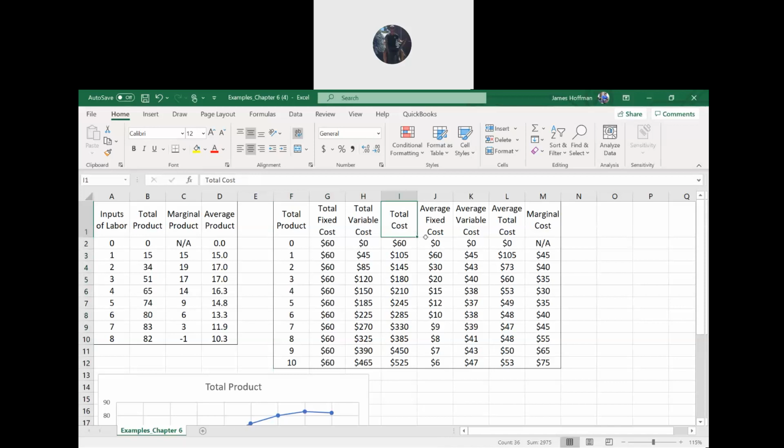All right, total cost, just add total fixed cost and total variable cost. That's your total cost, right? No matter where you are. Average fixed cost, we just take the definition, which is fixed cost divided by total product, right?